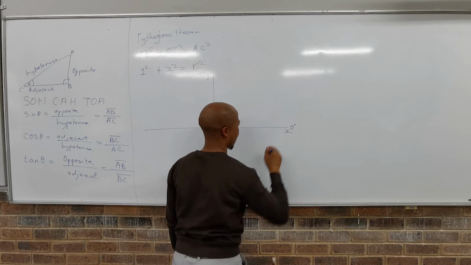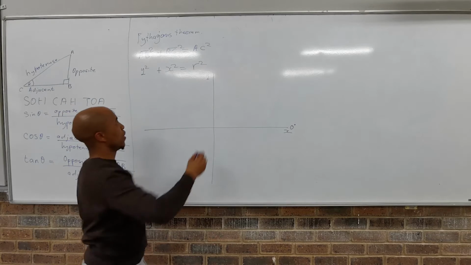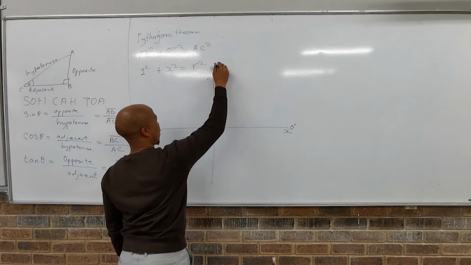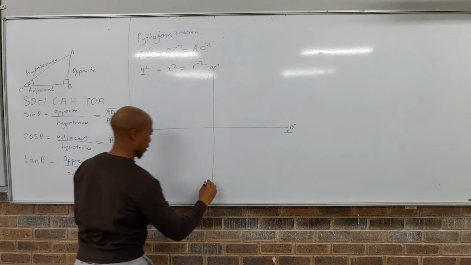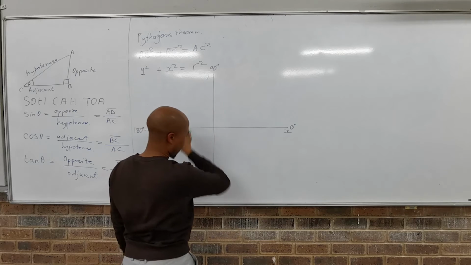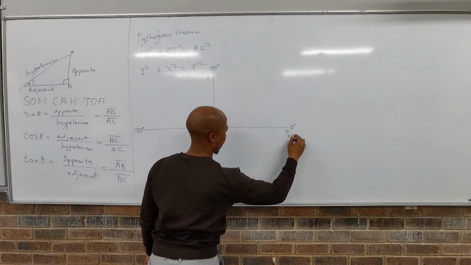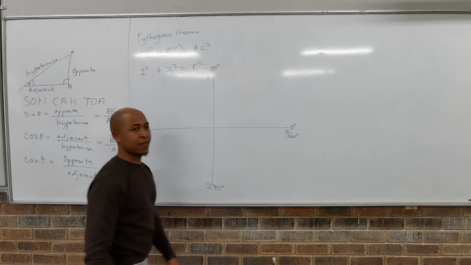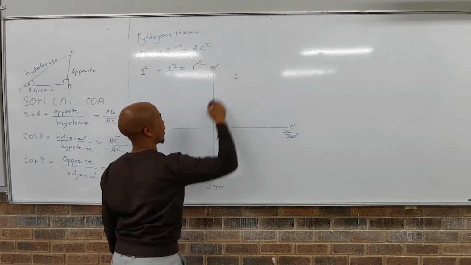This becomes 0 degrees at the beginning, and then we will have 90 degrees, 180 degrees, 270 degrees, and after completing the revolution, 360 degrees. This we refer to as the first quadrant.